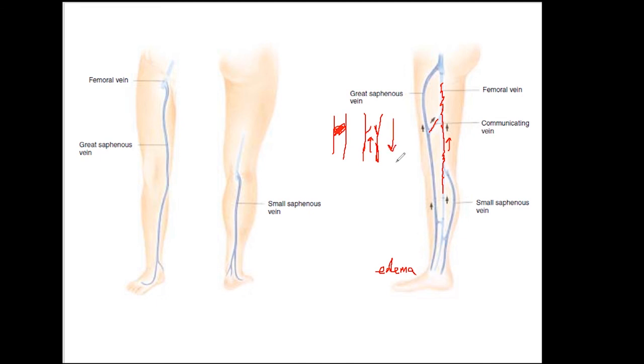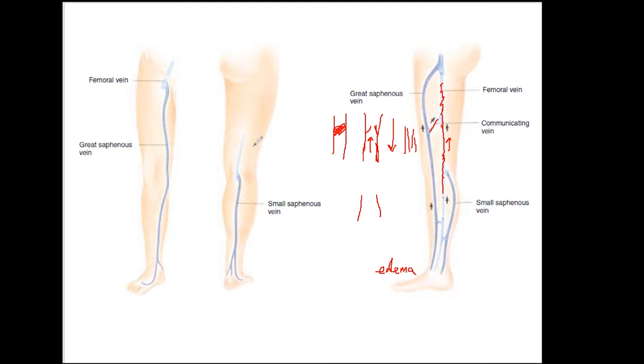What will happen without valves? The blood may go up or down, and not much blood returns to the heart. But with the valves, which we say look like a one-way door, when muscles contract, the blood returns to the heart by muscle contraction.